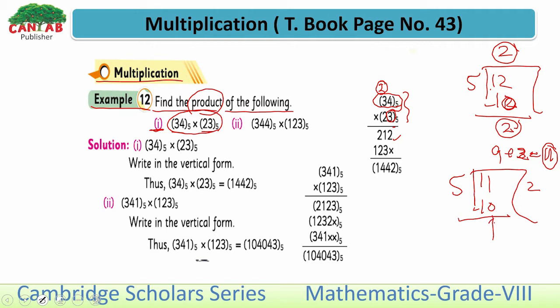So, we will write the remainder under the second column and carry the quotient to the third column. Now, we will write the number 2 as it is on the left side of 1. So, we have 212 with base 5.